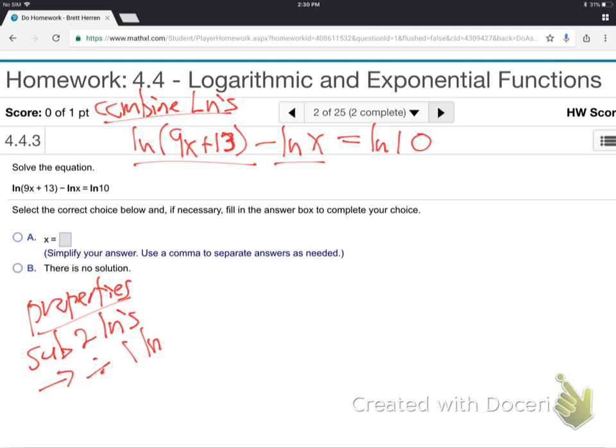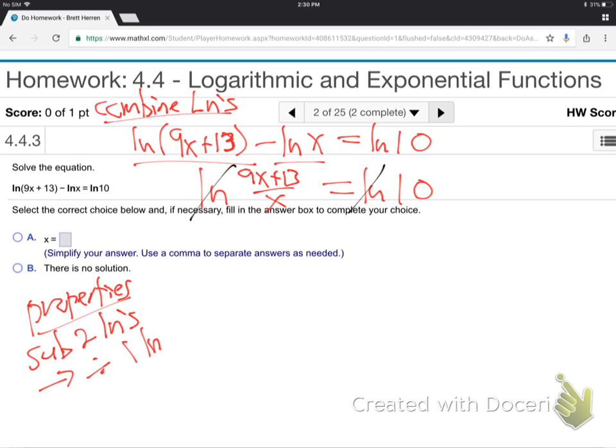So these two on this side, I can make into 1 ln with those parts divided. Everybody see what I did there? Remember the properties we just learned? Subtracting, an easy job for 2 logs, becomes dividing, a harder job for 1 log. Now that we've got just 1 log on each side, just drop them.